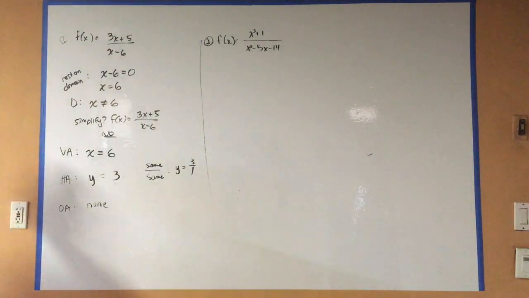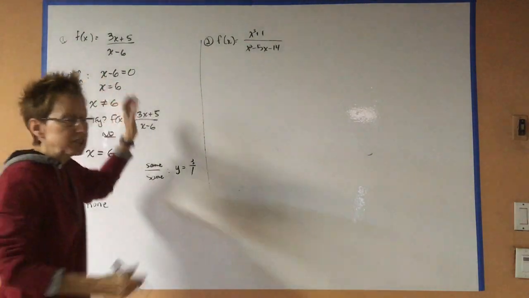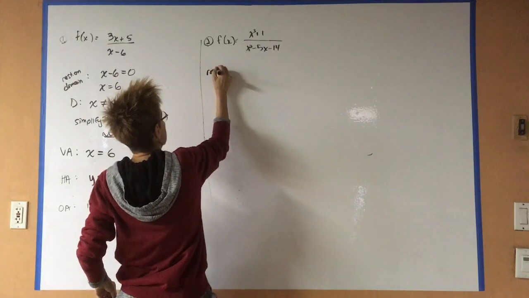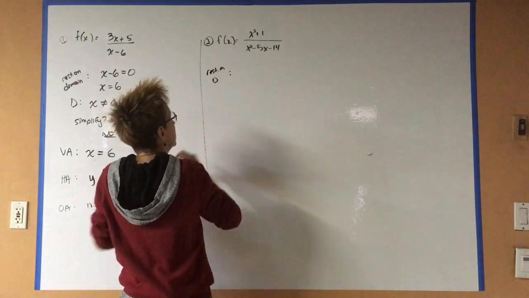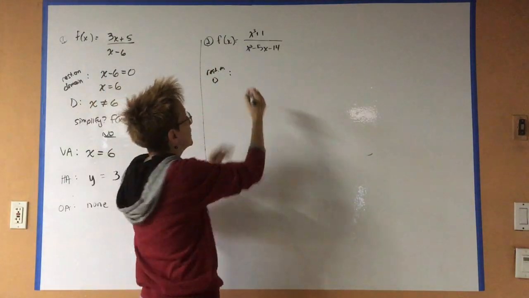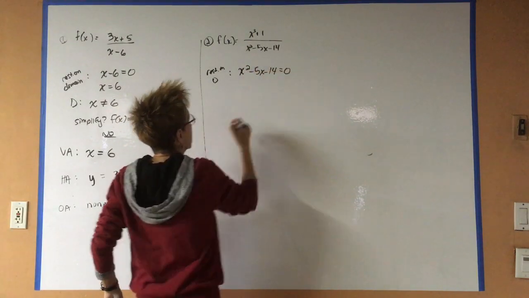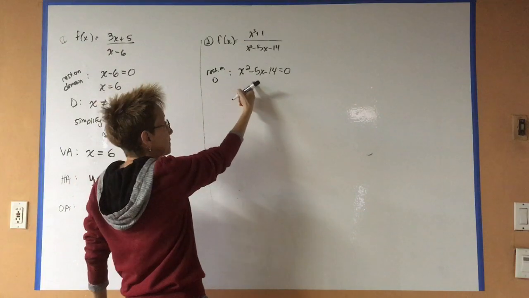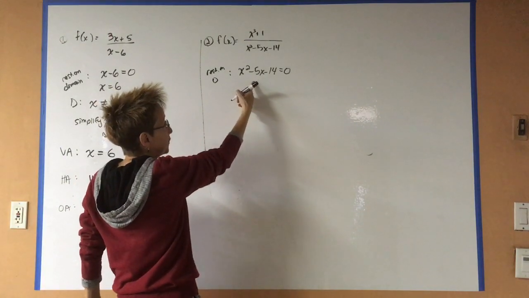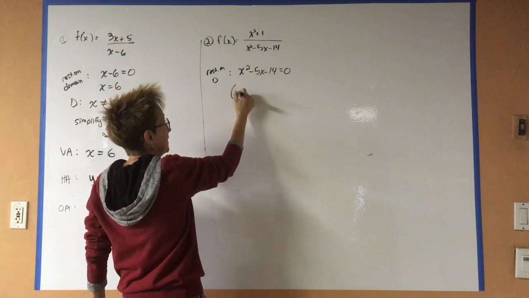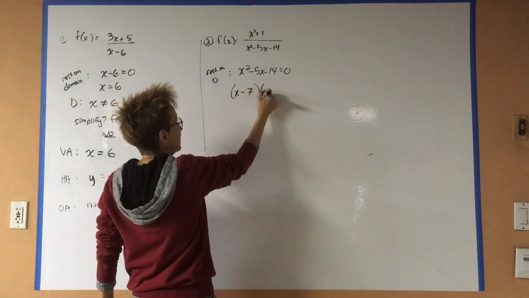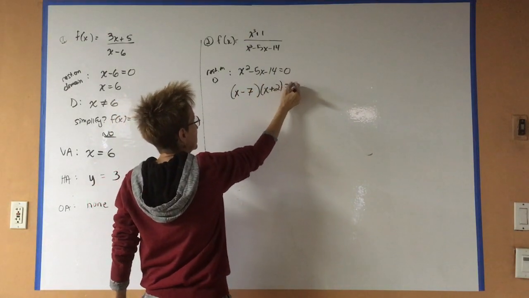So vertical asymptote first, I need to look at restrictions on the domain. So I look at the denominator equal to 0. I can factor that. That's the easy big X. Multiply to negative 14, add to negative 5. I think I get x minus 7, x plus 2.